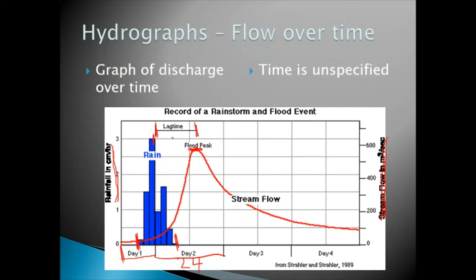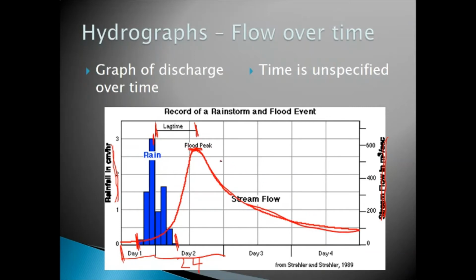The more cement that you have in the watershed, the shorter that lag time would be, because the water can flow faster over cement, and there'll be less infiltration into the groundwater, so the flood peak will be higher and the lag time will be shorter. But then what we see is, after some rain event, the stream rises faster than it falls.